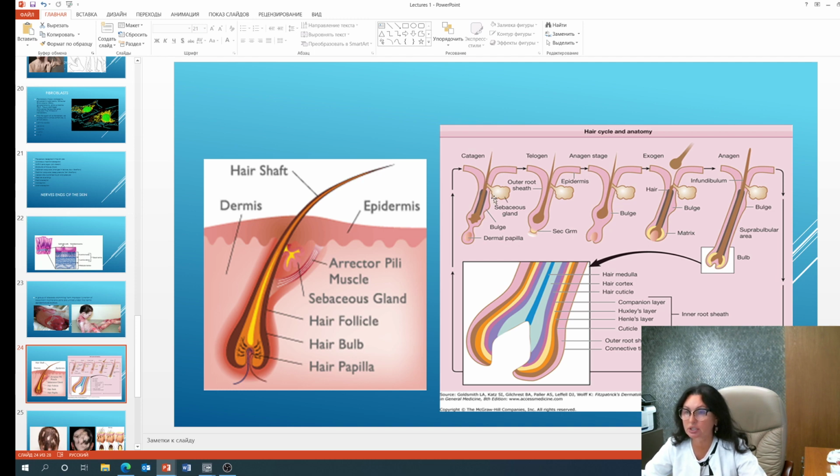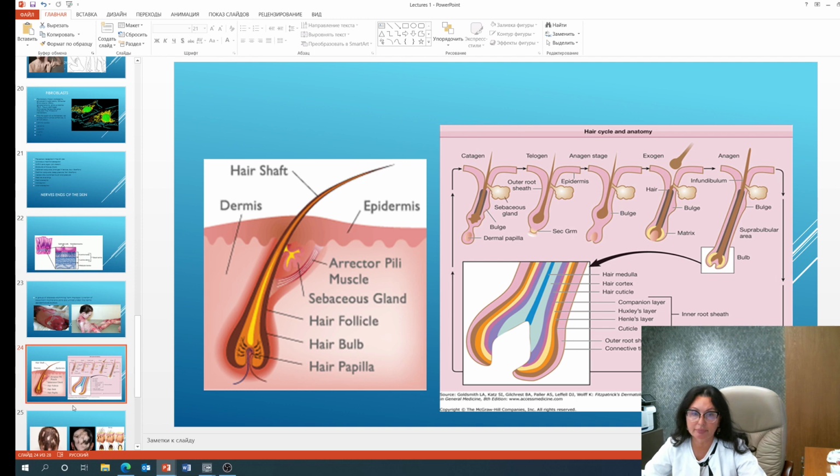After this stage, maybe 3-4 weeks later, the loss occurs, and then the bulb regrows, forming new nutrition and new capillaries, and a new anagen stage begins. This cycle continues all the time.